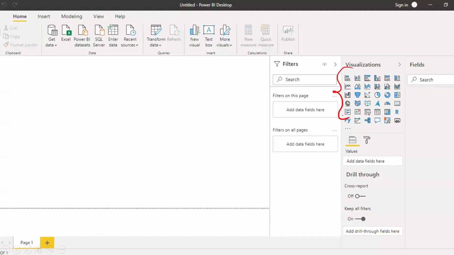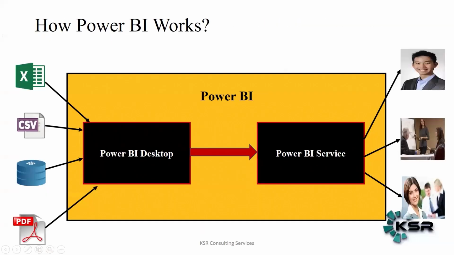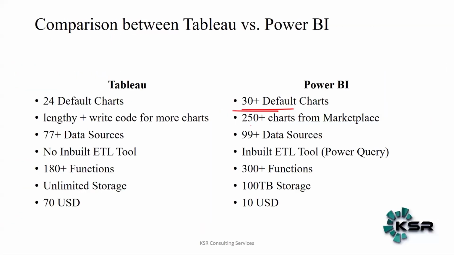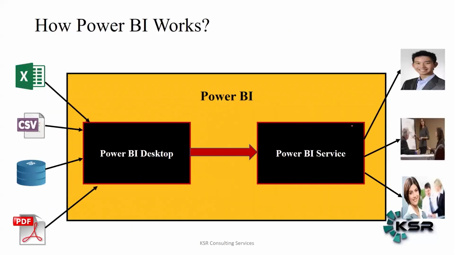But apart from that, I've also told you another point: you can get another 250 charts. I can see only 30 charts on the screen, so where can I get another 250 charts? You can get it from these three dots.